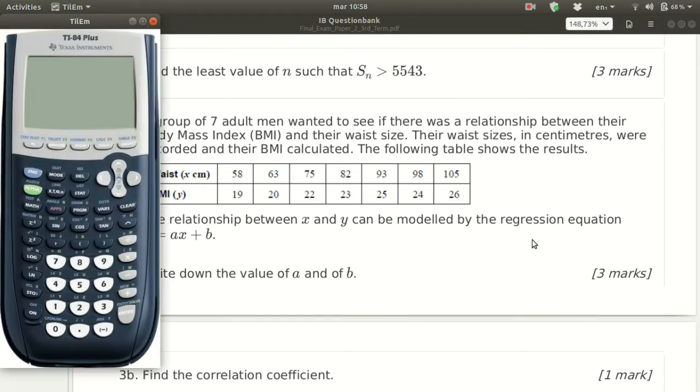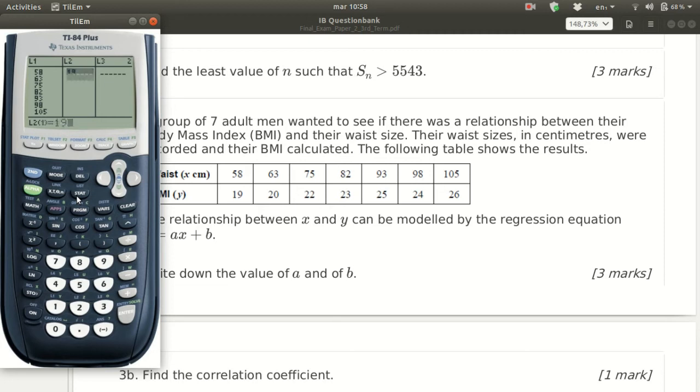Okay. So to do the regression, remember you're going to go into stat. You're going to go into edit one. And we're going to write the numbers. So 58, 63, 75, 82, 93, 98, 105. And then in the second list, we're going to write the y values.